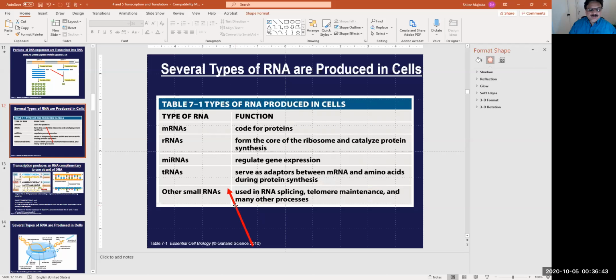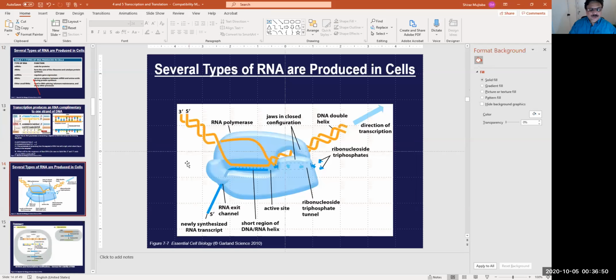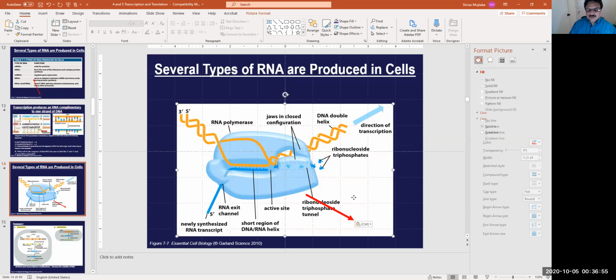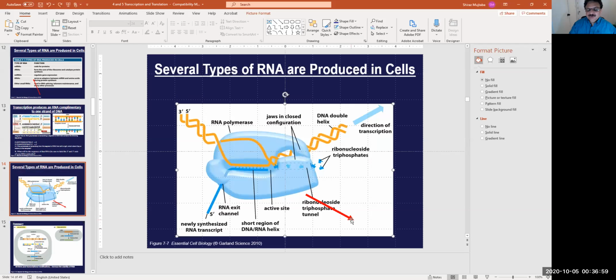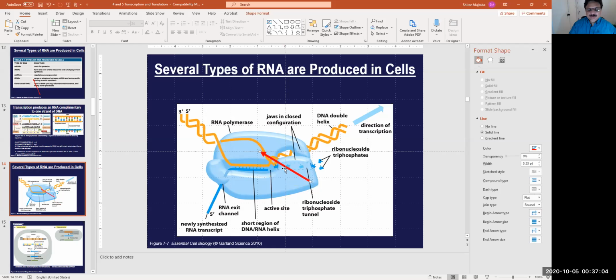And where does protein synthesis occur? It occurs on the surface of the ribosome. Right? So any translation cannot happen without transcription, and transcription cannot happen without an enzyme called RNA polymerase. So, just like we have our palm, RNA polymerase is also palm-shaped, and from one end there is DNA that goes on.